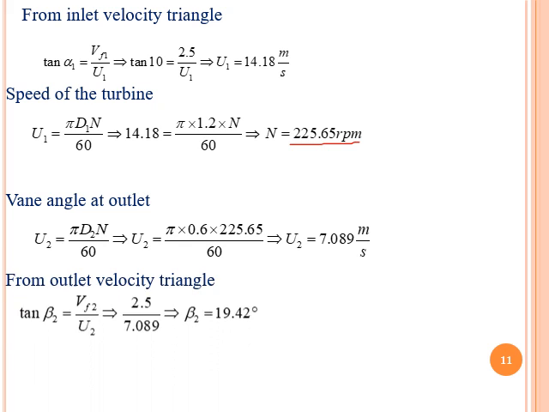From the outlet velocity triangle, tan beta 2 is equal to Vf2 by u2. The Vf2 value is 2.5 divided by 7.089, and beta 2 value is equal to 19.42 degree.